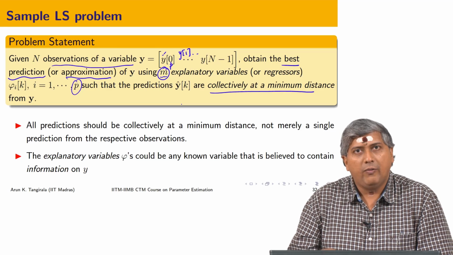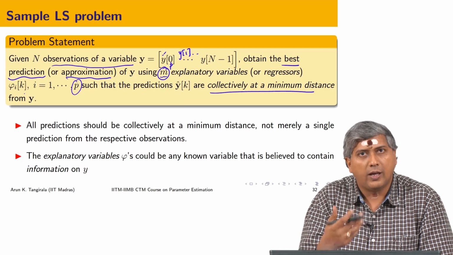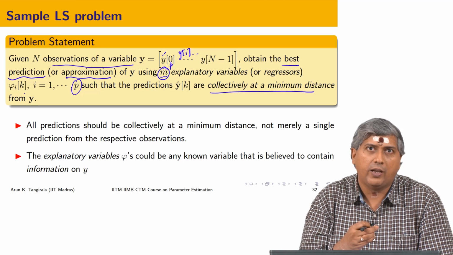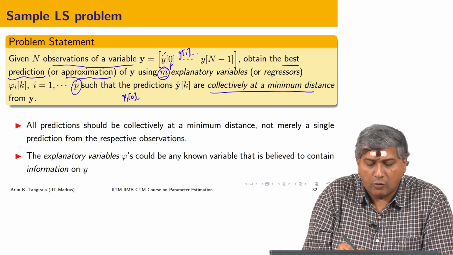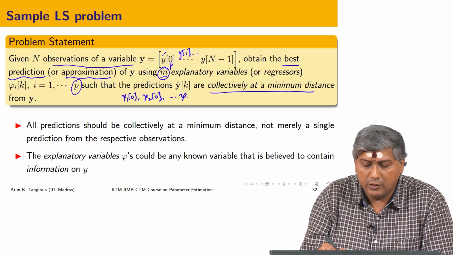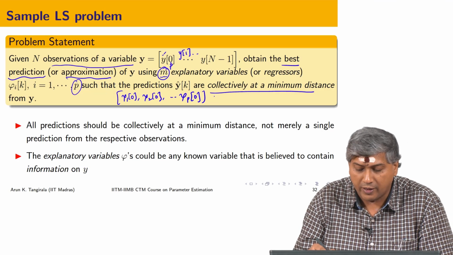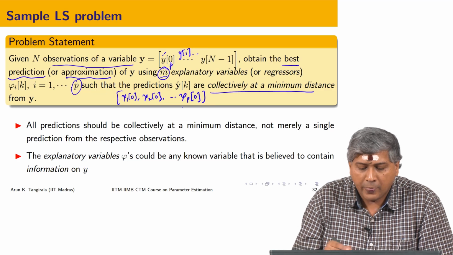What we mean by collectively here is that these p explanatory variables that we have, we also have n values of those explanatory variables, each one. So, we have, for example, psi 1 0, psi 2 0 up to psi p 0, and likewise we have another set at k equals 1 and up to k equals n minus 1.